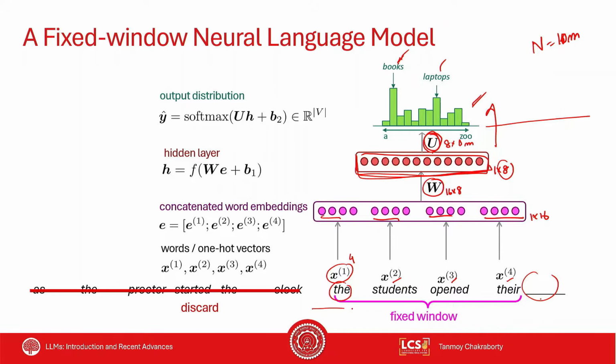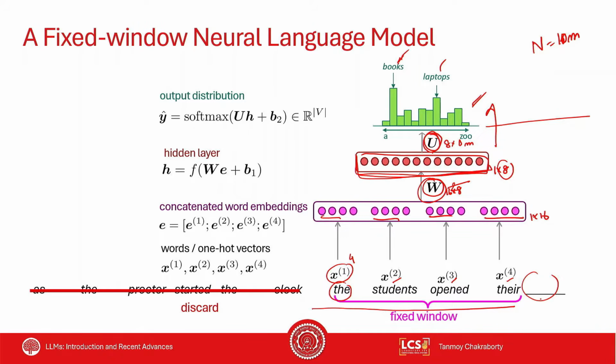As we increase the size of the window, the dimension of W will also increase. So with the increasing size of context, the dimension of the weight matrix that we are going to learn will also increase. These are the two major problems.